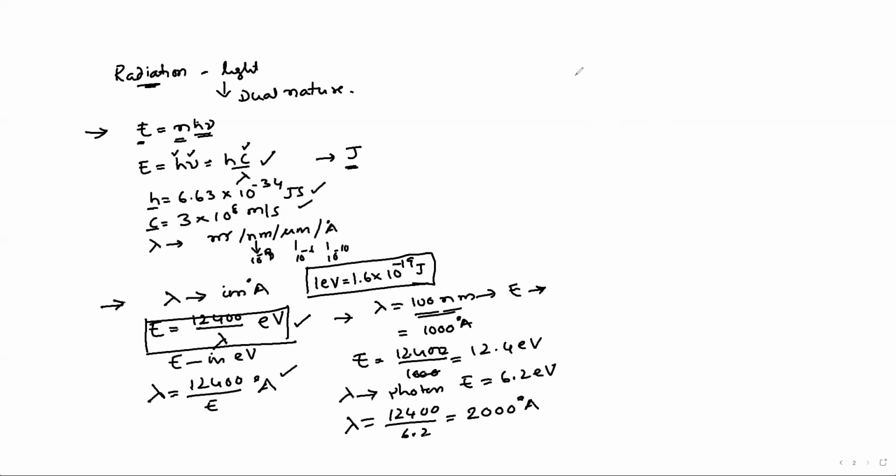The next important topic related to dual nature of matter is photo emission. Already you know the meaning of emission. In an atom, if the required energy is given to the electrons, they will be emitted. The energy may be given in terms of heat.